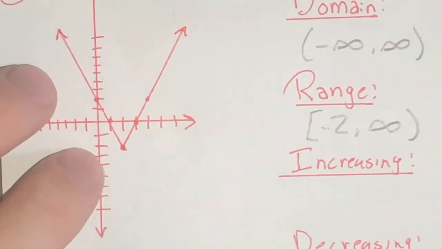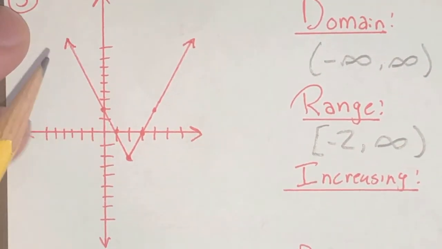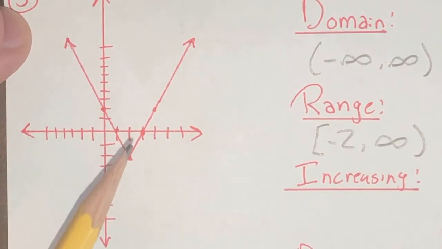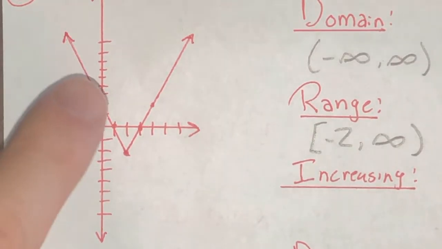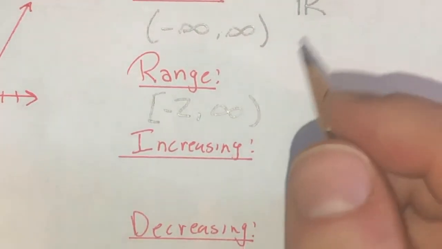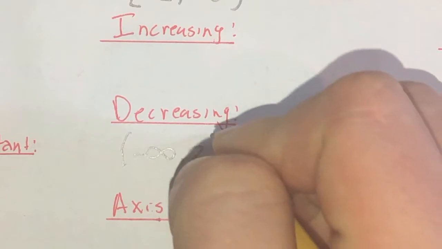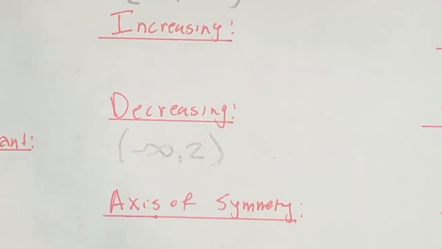Increasing. Now, notice from left to right: down, down, down, down, up, up, up, up. So here's my challenge. Is it negative infinity to -2 or negative infinity to +2 for the decreasing? It's decreasing from negative infinity to +2, because remember, we're always talking about the x values.